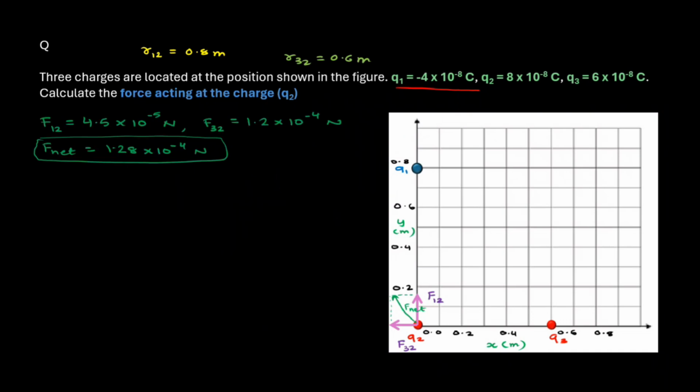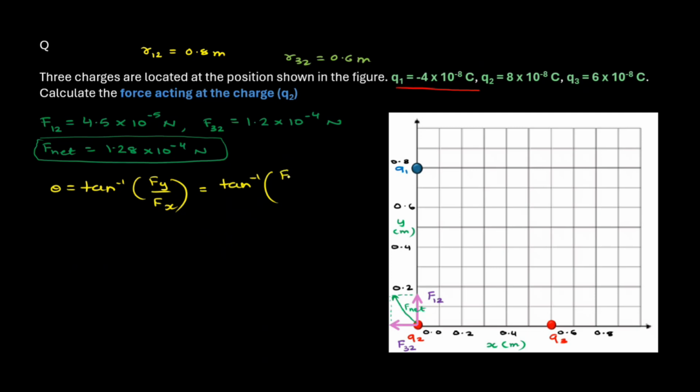After we find the magnitude of the force, we need to find the direction. So direction we find using tan theta. We write theta equals tan inverse of the y component of the force over the x component. The y component of the force is F12, which is going along the y-axis.